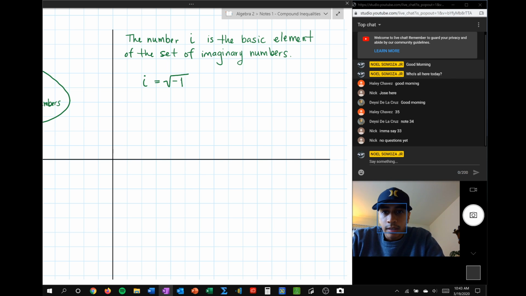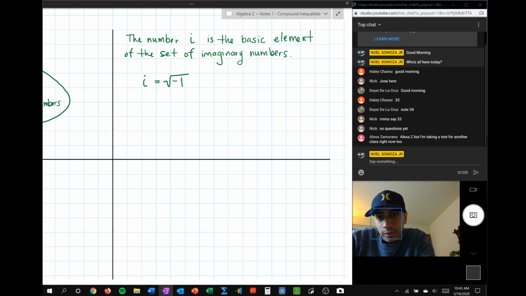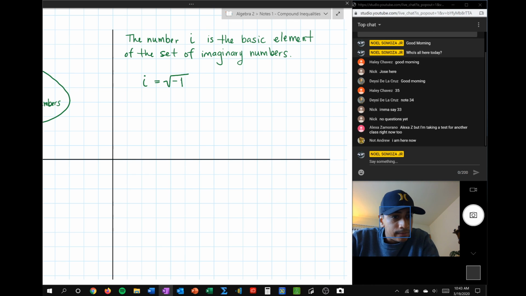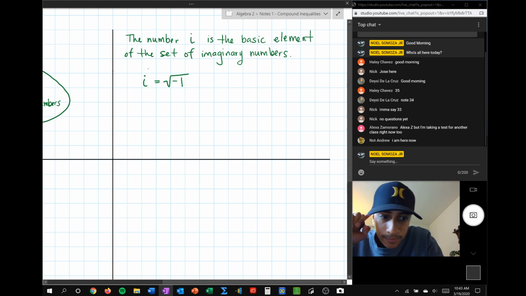Now from that, there's so much information that we can get just by knowing the definition of what i is. So i is equal to the square root of -1. Now I can do many things with this. Now I can square it and find out what i squared is.